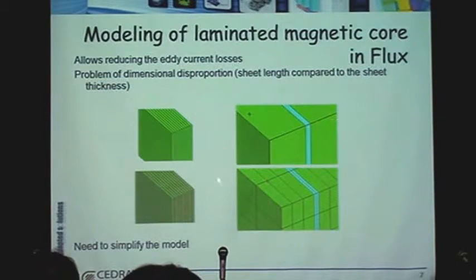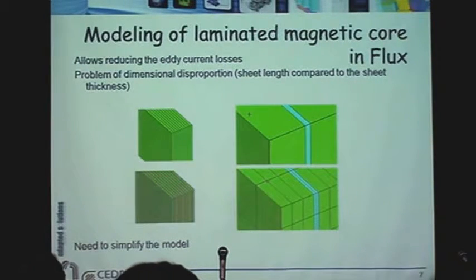But instead of doing all of this, we'll take one single one, and then we are going to mesh all of this, and we'll apply a special type of material property, laminated properties, and the program is going to compute the mu, the permeability, cross-lamination, from the characteristic of the material, the thickness of the lamination, and the stacking factor.